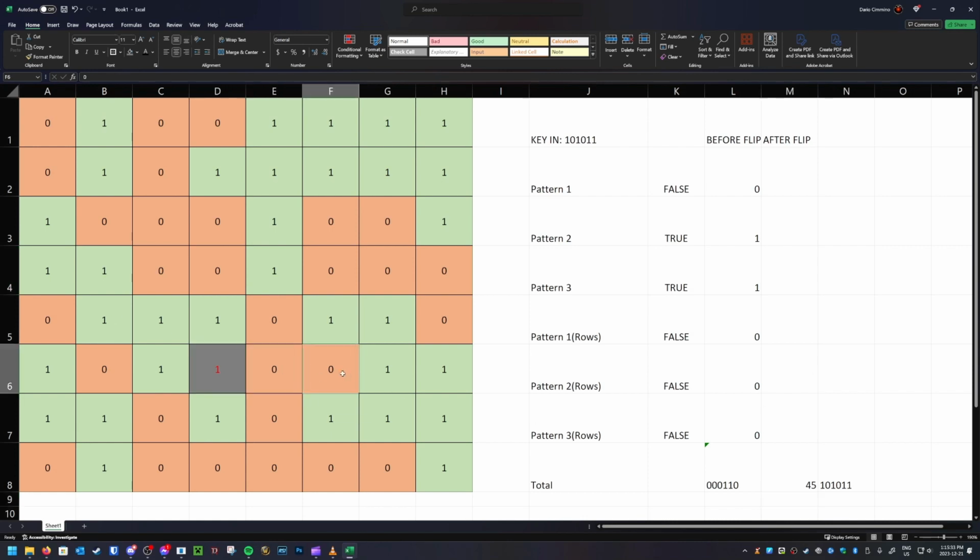So we're going to flip this bit from 0, we're going to switch it to 1. And now we're going to see if this number matches this number. So here we have 1. That's good, right? We have 0, 1, 0, 1, 1.